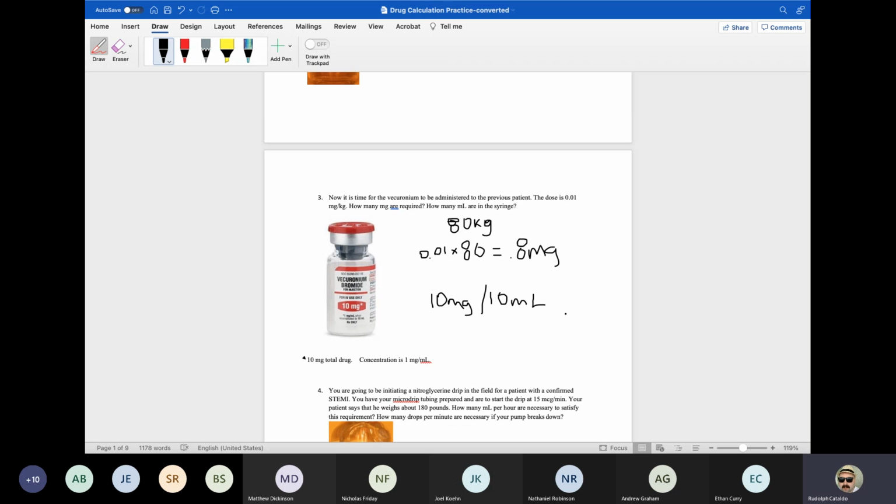So the way that I move forward with this is I say, okay, 10 and 10 is the same as 1 and 1. So that means 1 milligram is the same as 1 ml. Now, if I want to give 0.8 milligrams, how many mLs do I give then? 0.8. Yeah, 0.8. Simple enough.